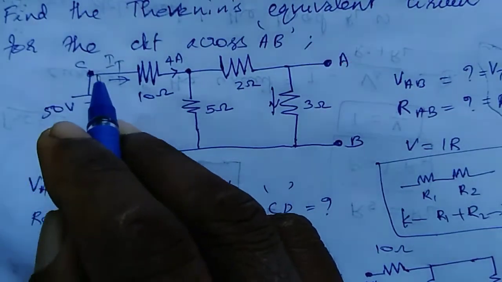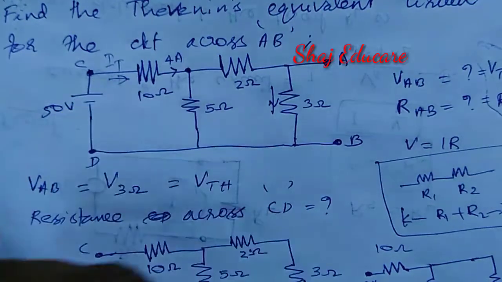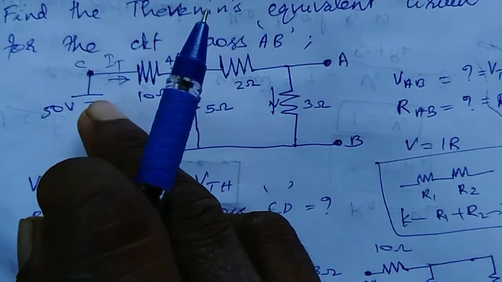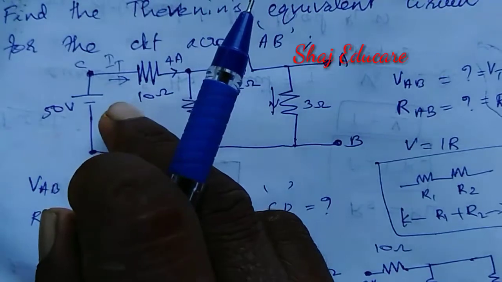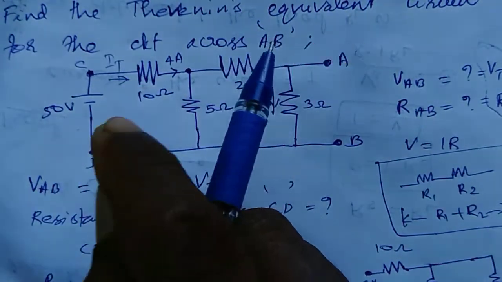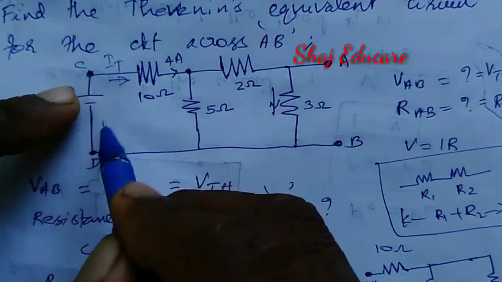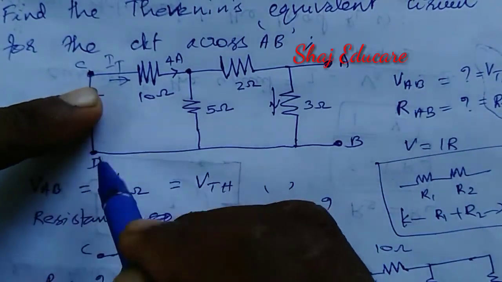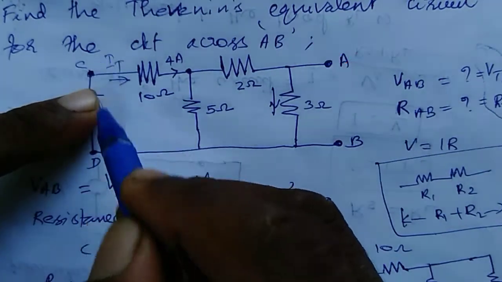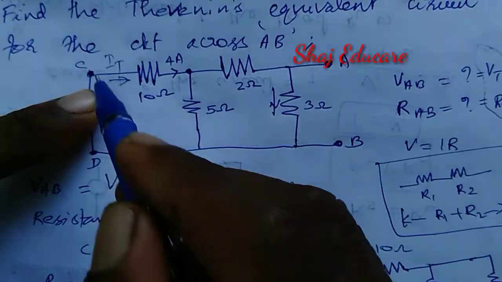If it is a voltage source, just short circuit it. If it is a current source, just open circuit it. Then the current will be 0. Here we have to short circuit it, so simply replace the branch CD with a short circuit.